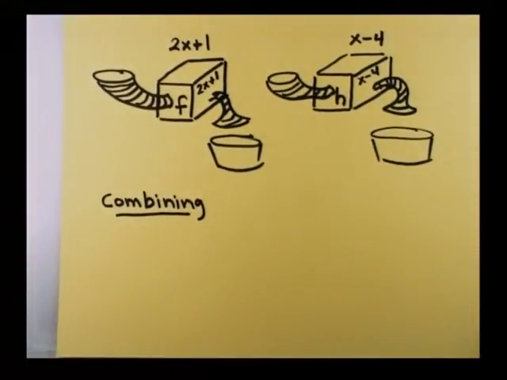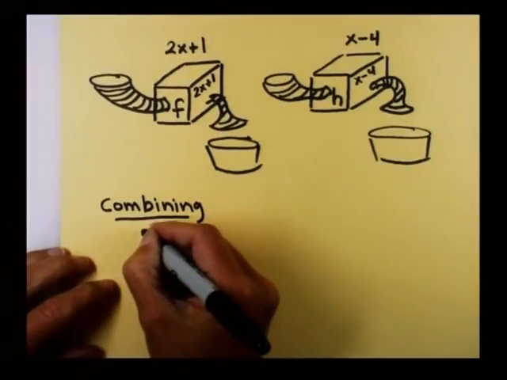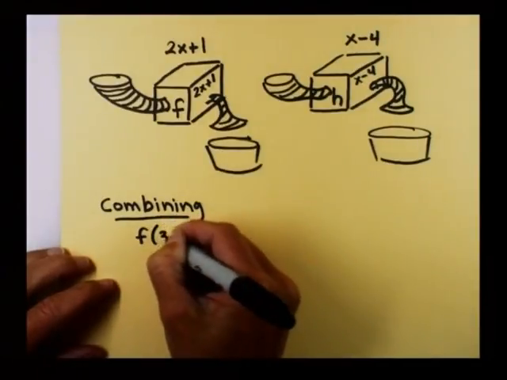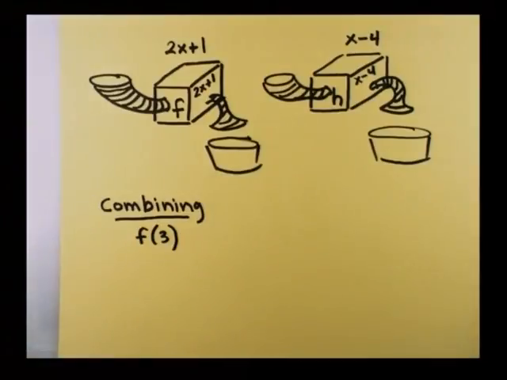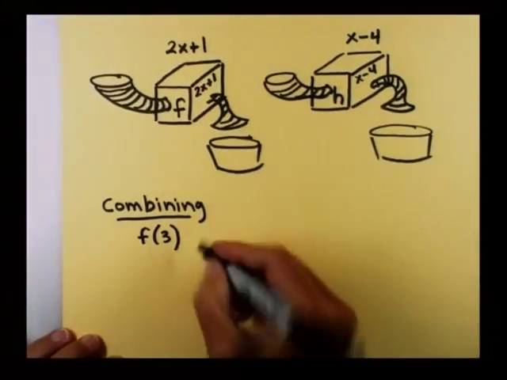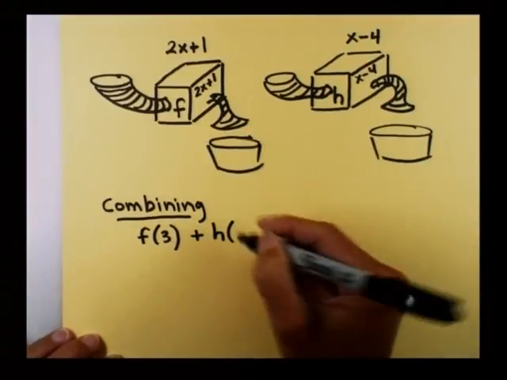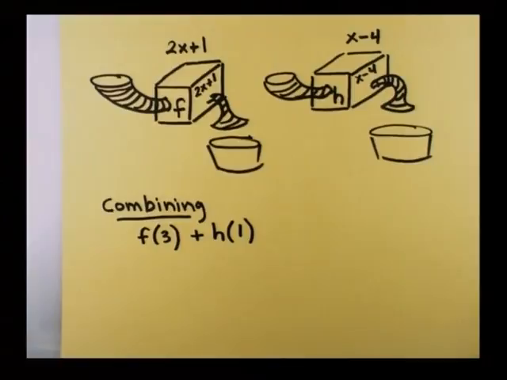So in addition, I'm going to suggest that we put a number into F. Let's just take a 3 as an example. And then I'm going to add that to something that I've put into H. Let's just put a 1 in for H. So I'm using function notation again, like we did on the last lesson.